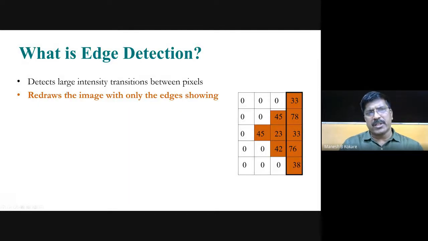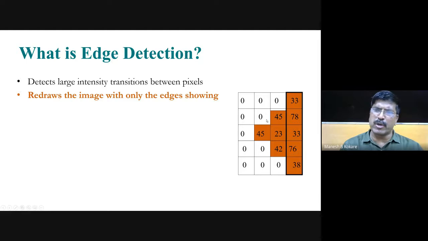What is edge detection? Basically, you can look at this one. This is an image of 5 by 4 size, right? 5 rows and 4 columns, and these pixels have intensity equal to 0, whereas these pixels have intensity more than this. So definitely there will be an edge like this in the image, because there is a high rate of change of pixel intensity here.